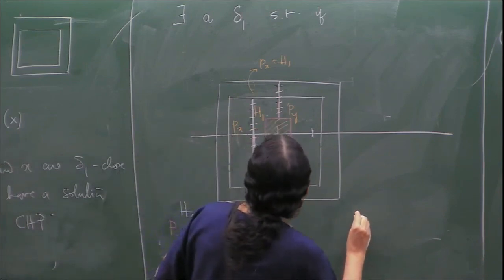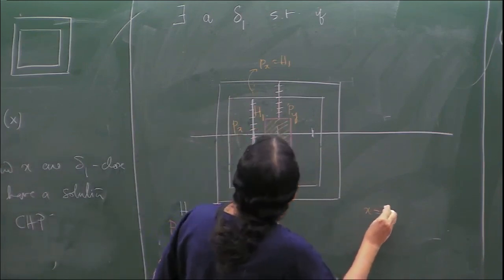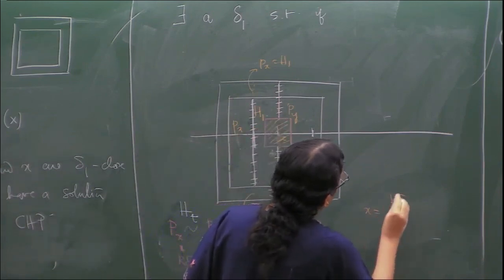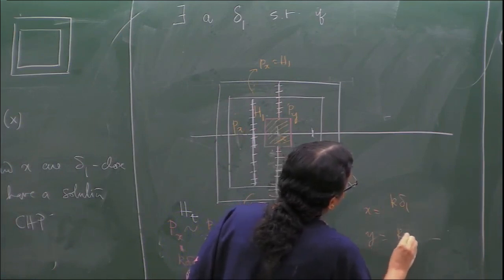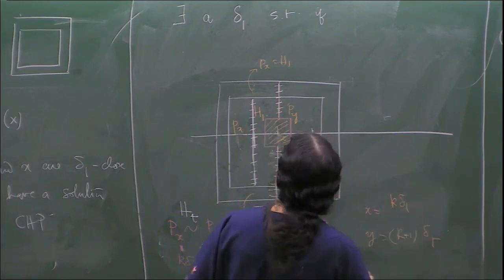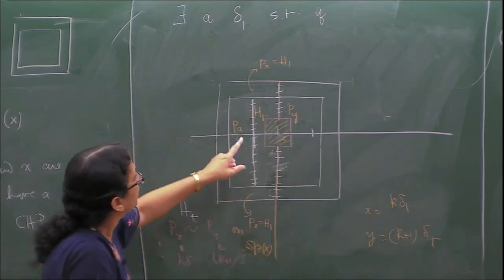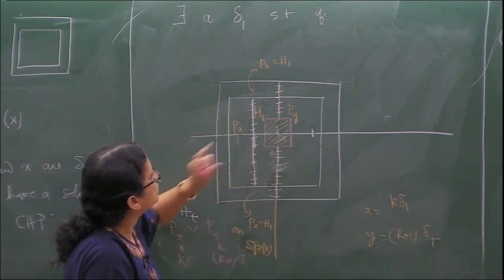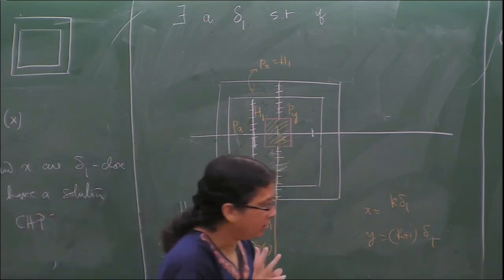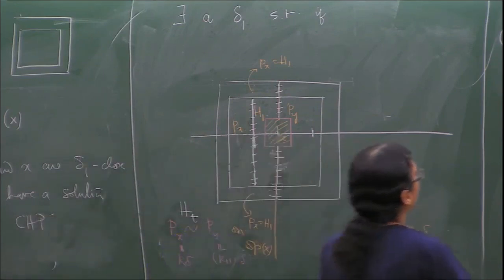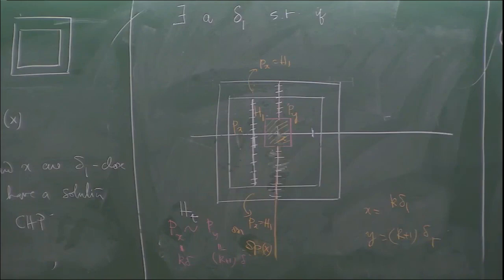Now I will replace everything with x equal to k delta 1, y equal to (k plus 1) delta 1, and from here I will pick up some point in between because I have to patch these two together. So I will need some 5 more minutes maybe to finish it off.